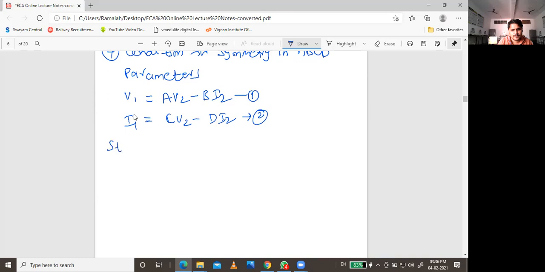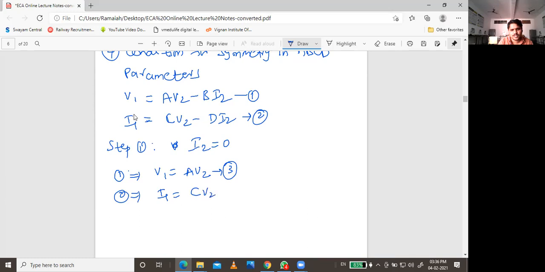So, what is the first step? Step 1 is I2 equal to 0. If I2 equal to 0, then from equation 1, V1 is A V2, because the B I2 term is 0. So, equation number 3. Next, from the second equation, I1 equal to C V2, because the D I2 term is 0.